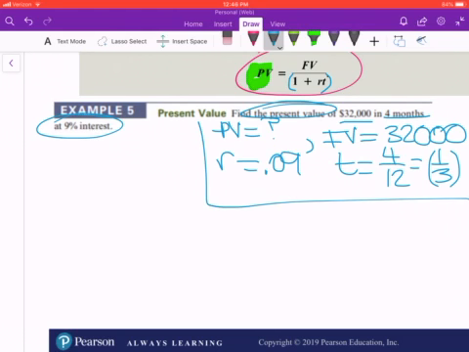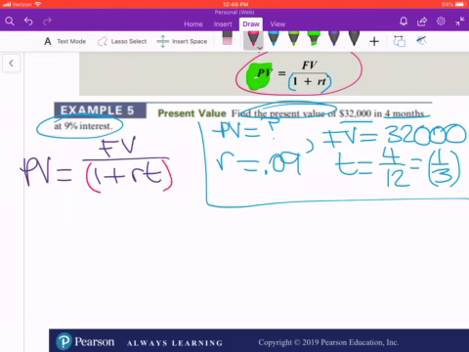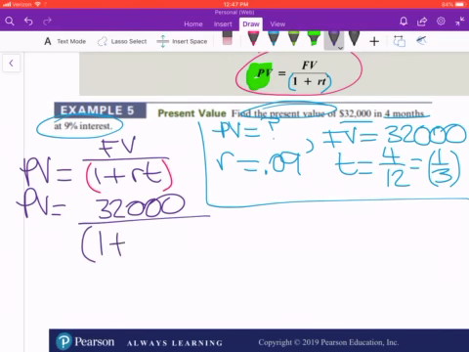Now we're finding the present value, so we're going to use future value divided by 1 plus RT. And remember, we're going to keep this in parentheses. So after substituting, we will have 32,000 divided by 1 plus the rate, 0.09, and this will be times 1/3.